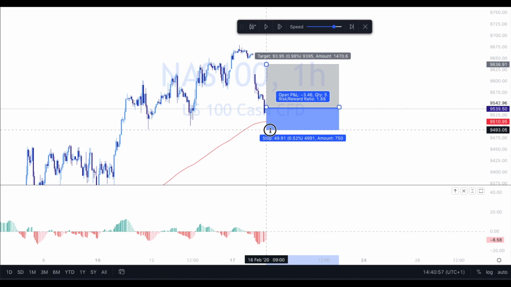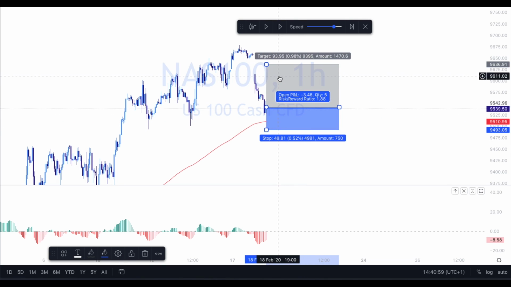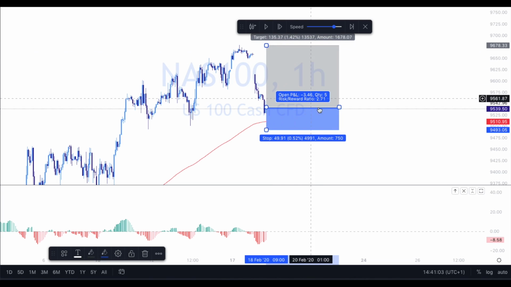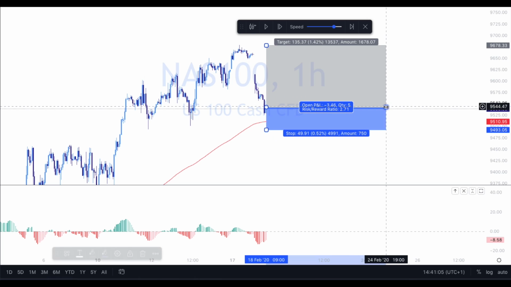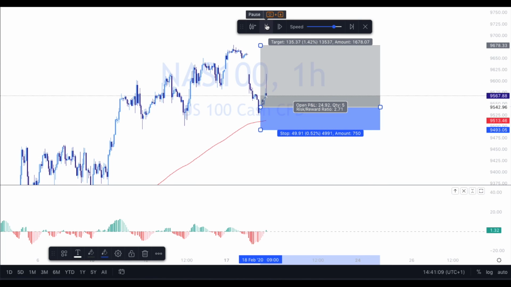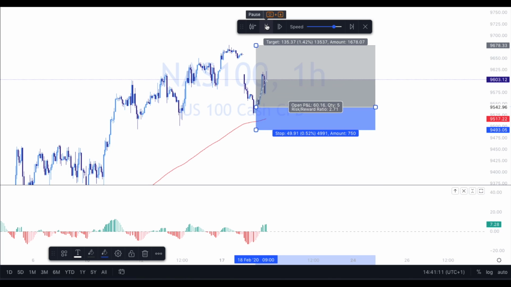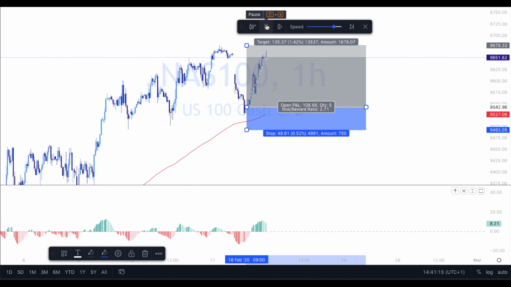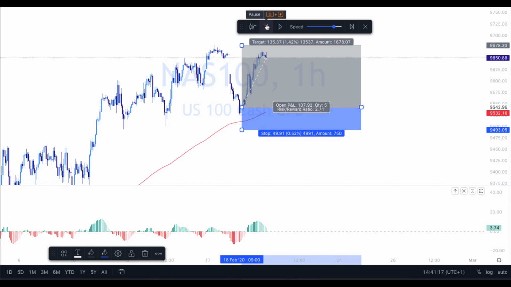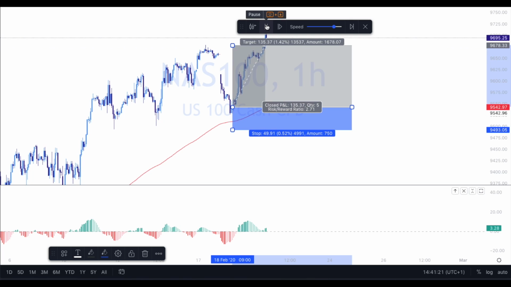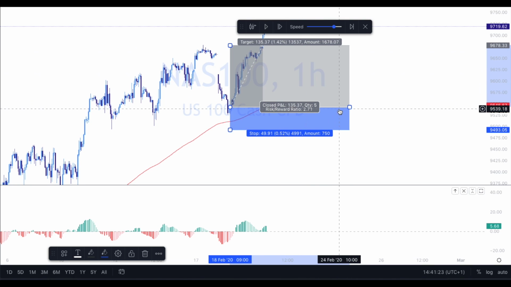Just under, say about this much. And we're going to cover this whole situation up here. Let's see what we get. Okay, so far so good. Boom. So we just got another TP hit.